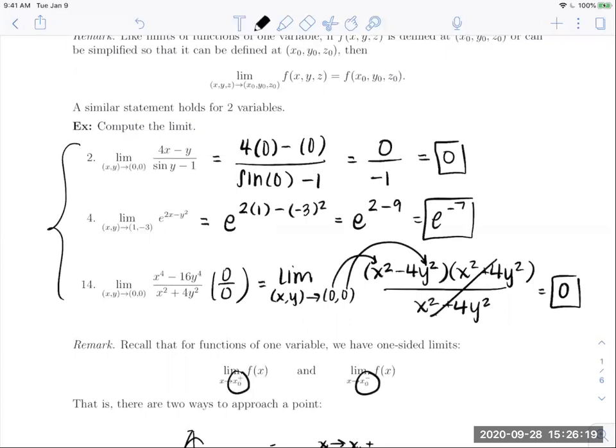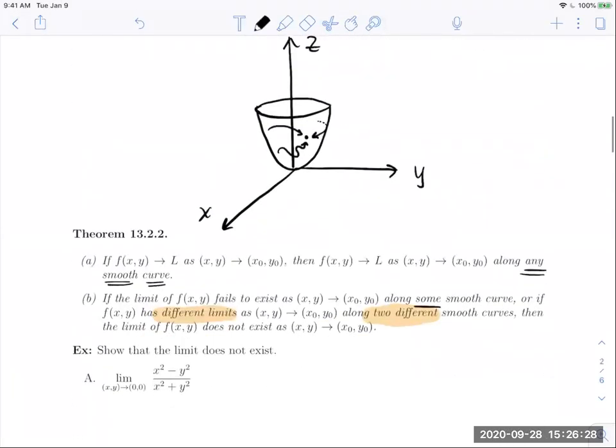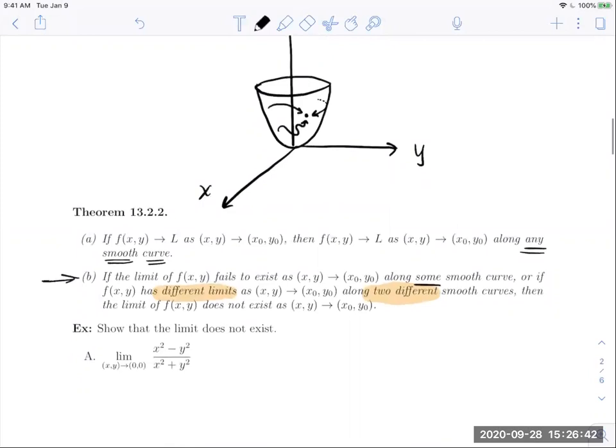But just picking a couple of different curves and getting the same limiting value is not enough, because what if you didn't pick the correct curve? So oftentimes we'll be looking at part B and we're going to say, what smooth curve could I choose that's going to give me two different limiting values? Because then I can conclude by Theorem 2 part B that the limit does not exist.